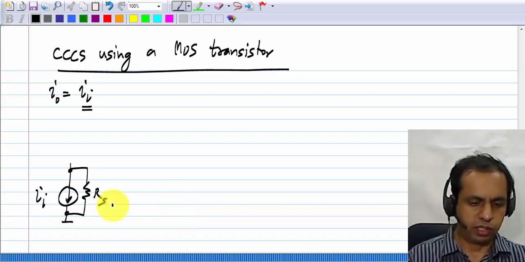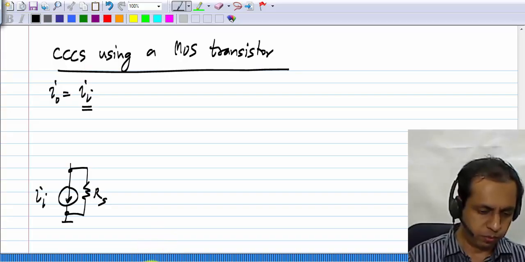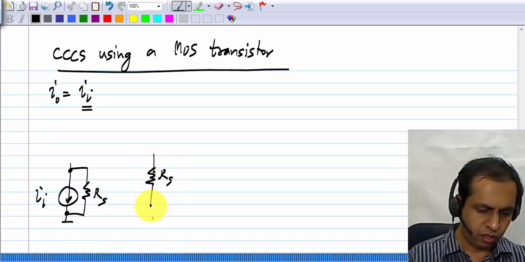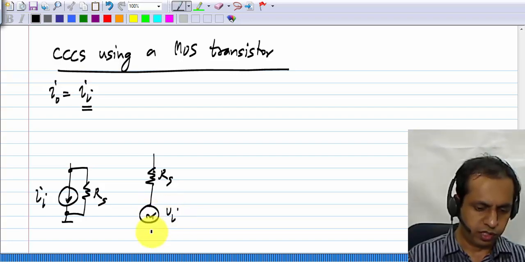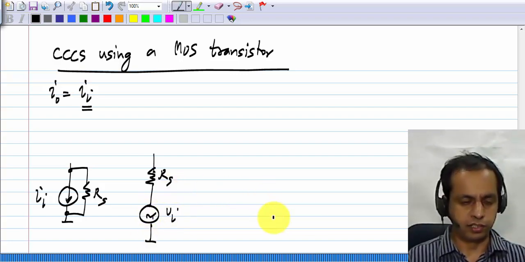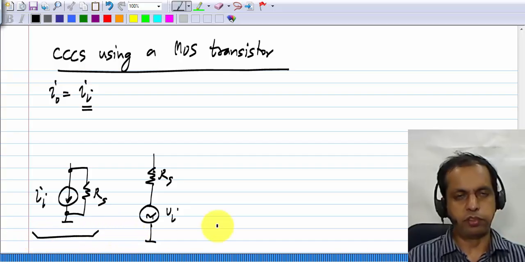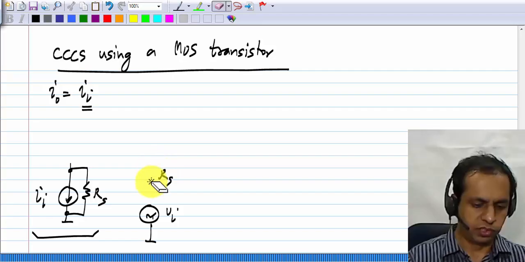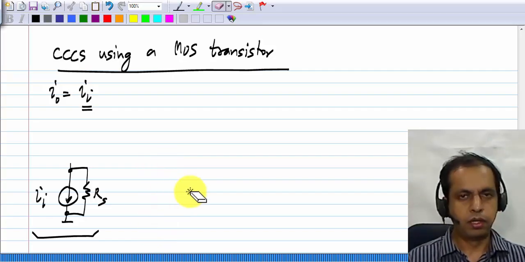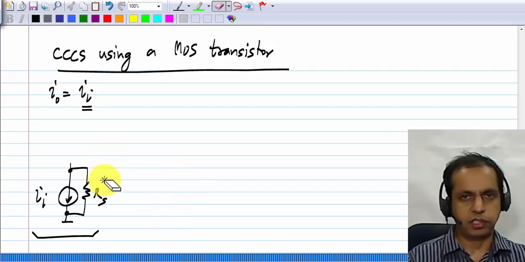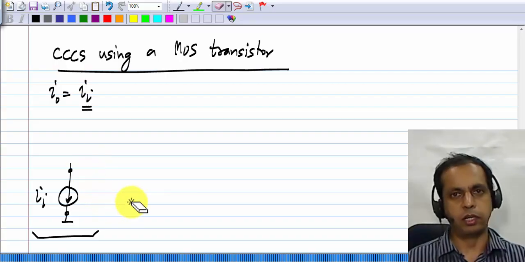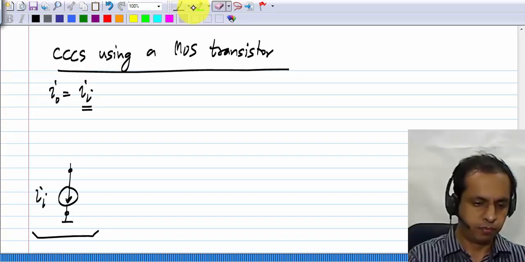Recall that our representation for a voltage input is a voltage source Vi in series with resistance Rs. Equivalently, you can think of it as a current source Ii in parallel with Rs. So this is our input. Now, in the initial discussion, just to make the drawings easier, I will omit Rs, although later I will put it in and analyze its effect.